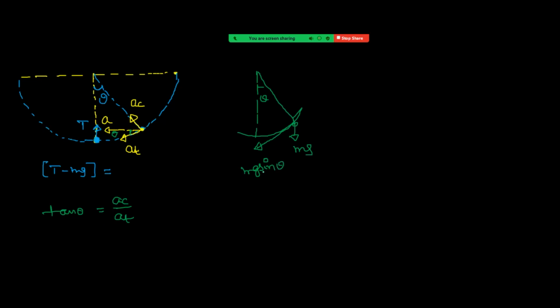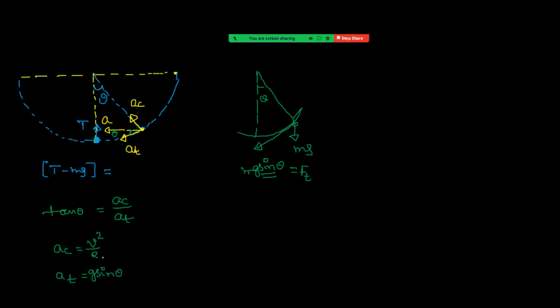That means the tangential acceleration is g sine theta, because tangential force is mg sine theta. So AT value is known. Now we have to focus on how to get centripetal acceleration. Centripetal acceleration is v square upon r, and AT is g sine theta.